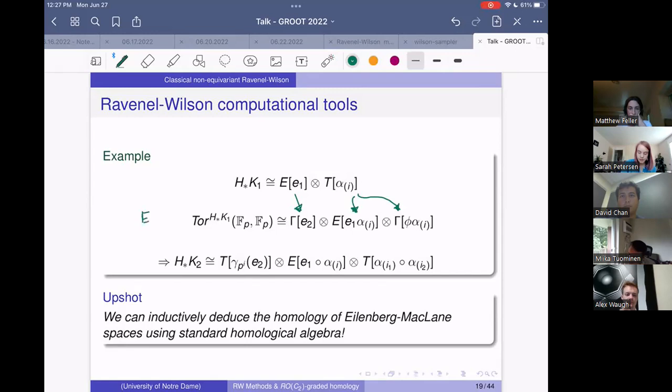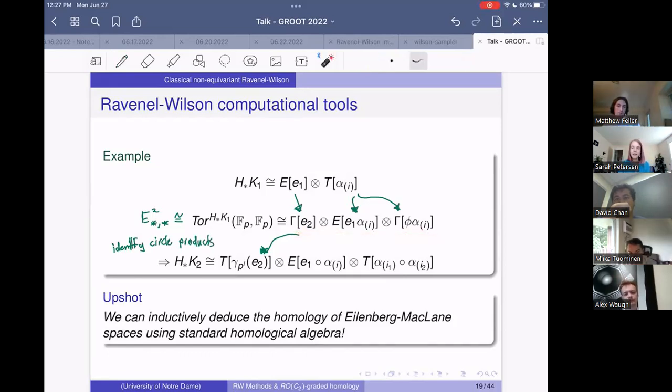So this is our E2 page. And then from there, these elements are given names which come from CP infinity. So then we need to identify circle products to prove that everything on this E2 page is in fact a permanent cycle.